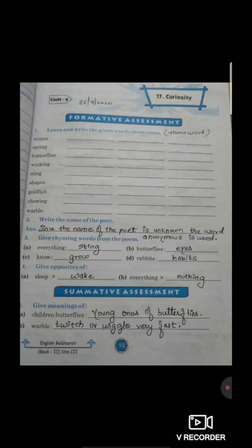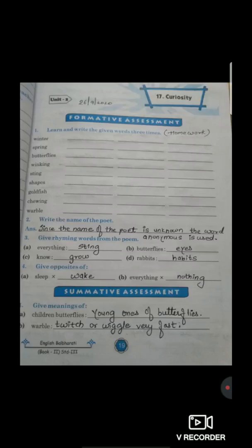Students, again I am saying, you have to open page number 19 of your combined book number 2. In that page, unit 2, poem number 17, Curiosity, right? Now come to the very first question.